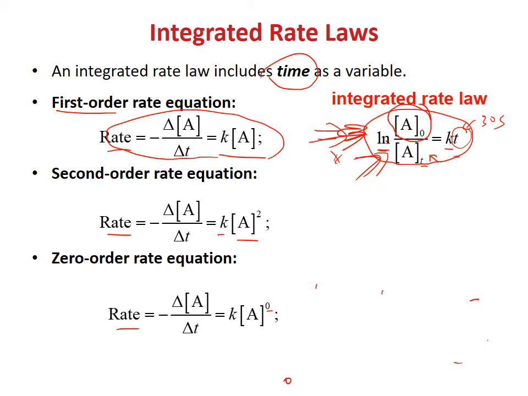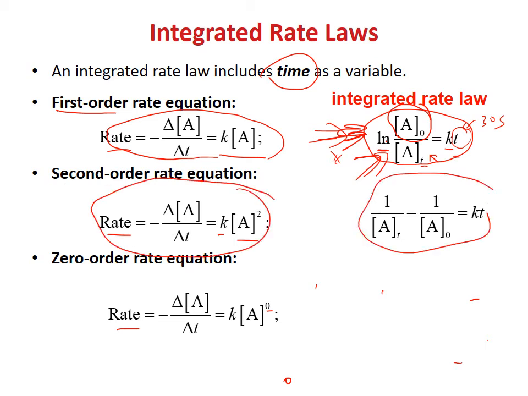Here is the rate law and this is the integral rate law. In this equation, the left side is the inverse of the concentration A at a certain time, minus the inverse of the initial concentration, equals KT.